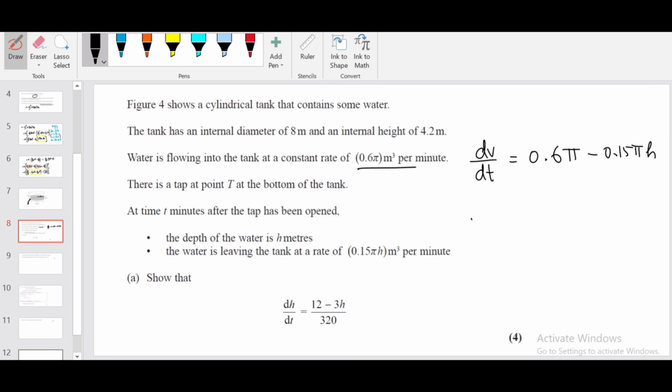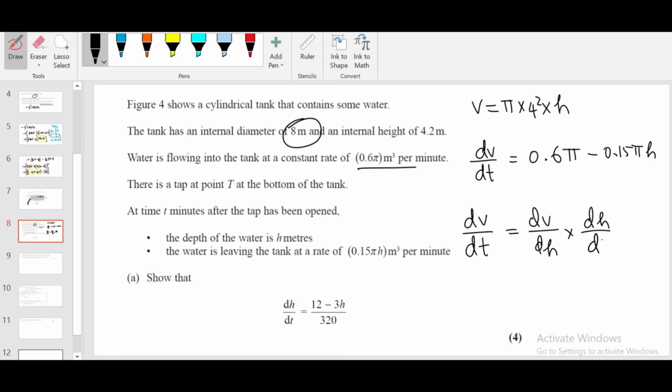The master formula is this, or you need to always remember this. dV by dt is dV by whatever the variable V is made of. So if you look at the volume of a cylinder, it's pi r square, radius is 4, times h. So V is a function of h. So dV by dh times dh by dt.